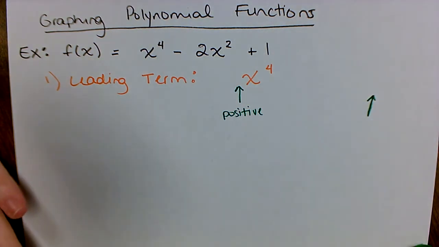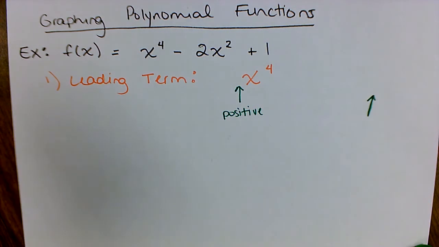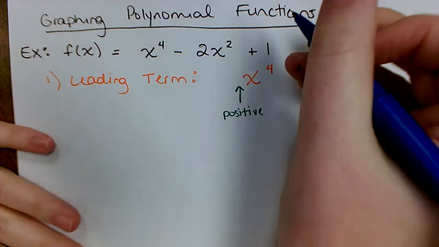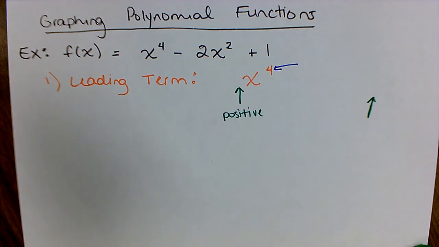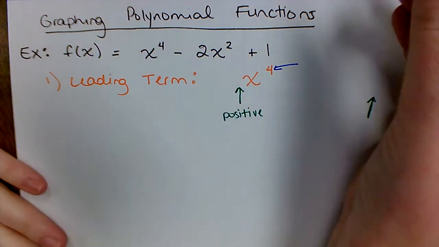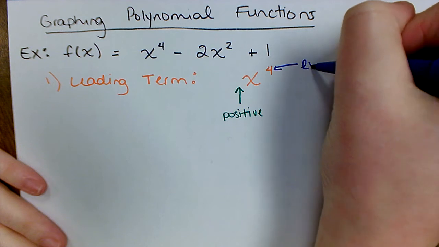The other thing we look at is the exponent. We look to see whether the exponent is even or odd. So is 4 even or odd? 4 is even.